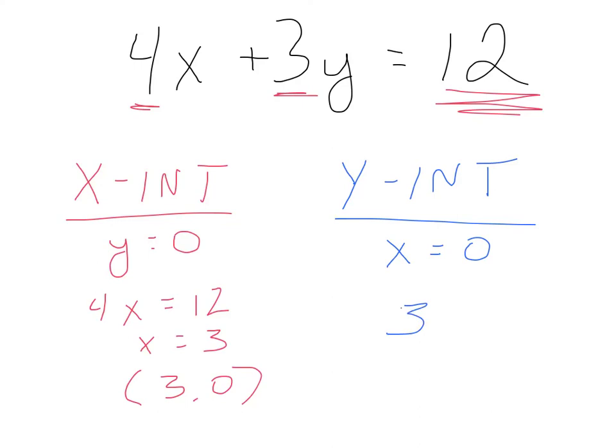So 3y, and it is positive in this case, equals 12. I'll divide by 3. I get 4. So my y-intercept is 0, 4. So all I would have to do would be to graph those 2 points and connect them with a line with arrows at the end. And that may be a much easier method than to create a table of 3 random points.